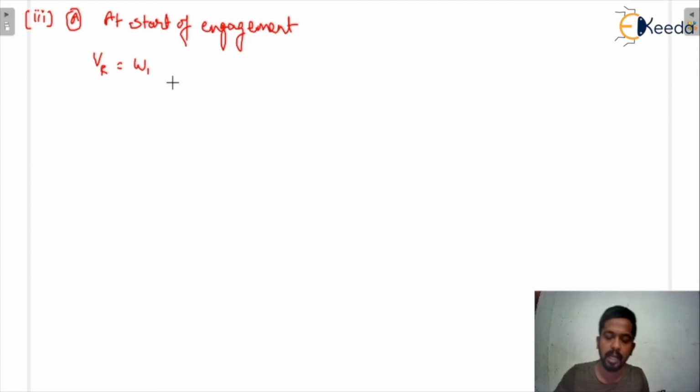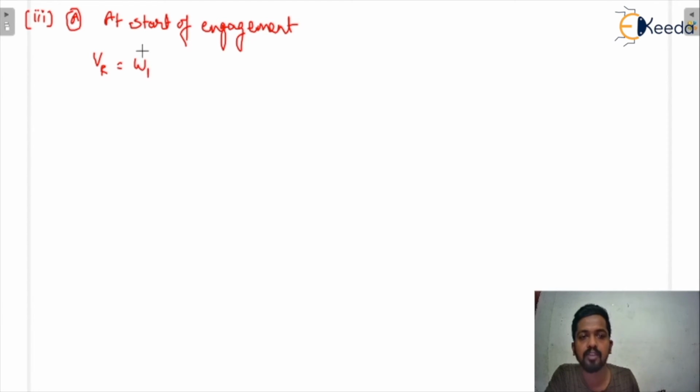I hope you understand what the rolling velocity is, because both gears are in pure rolling motion. I already let you know that both gears are always in pure rolling motion. And one more thing: both gears have equal rolling velocity, because both are in mesh, so there should be the same rolling velocity for both gears.